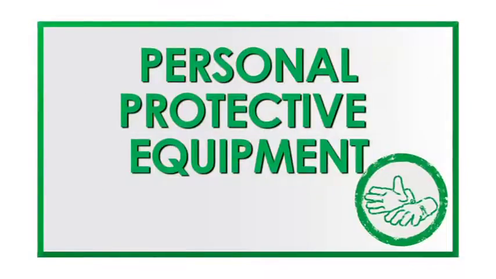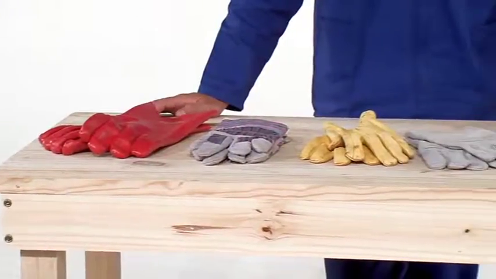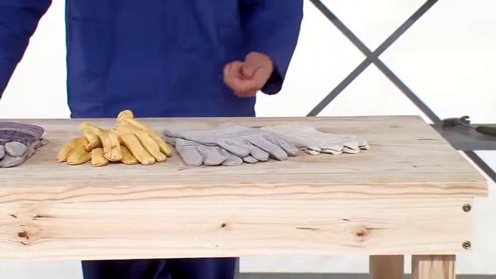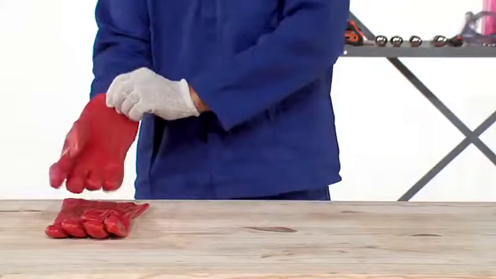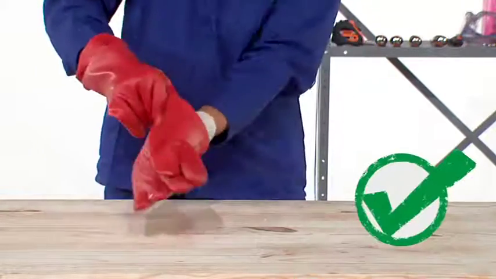Personal protective equipment. Gloves come in a number of different materials, from cotton, leather, and Kevlar to insulative and other protective synthetics. Make sure you have the right choice for the job at hand, or in other words, if the glove fits, wear it.